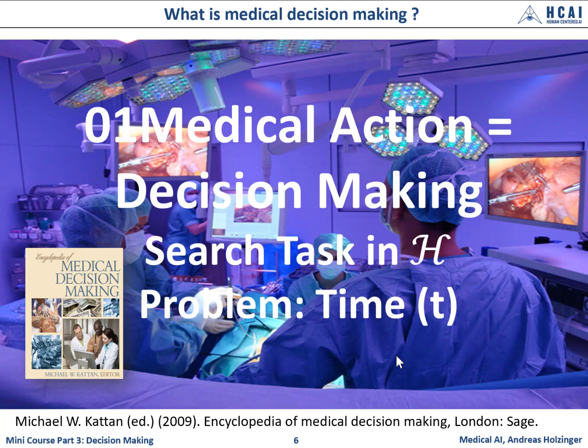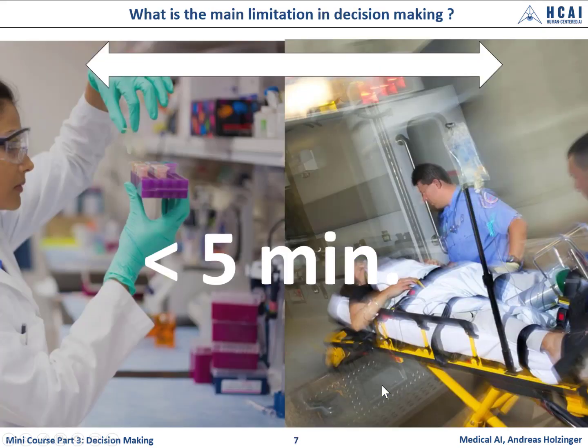The problem here is that we are always limited in time, and this will be shown in the next slide. So you see, decision making can be seen as a problem solving activity limited by time. The goal is to find an optimal solution to the given context from this arbitrarily large search space, and the problem is the limitation in time.